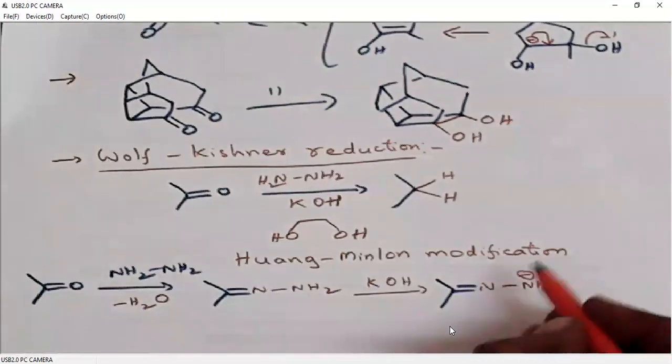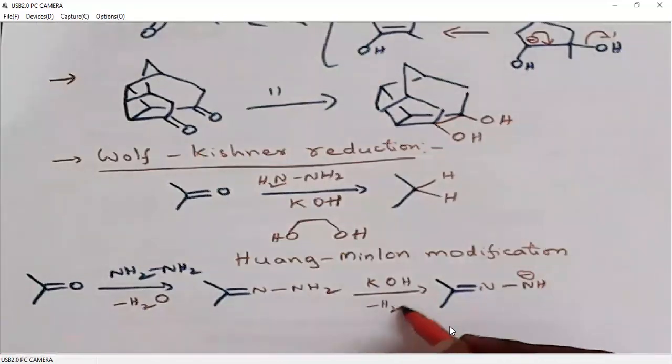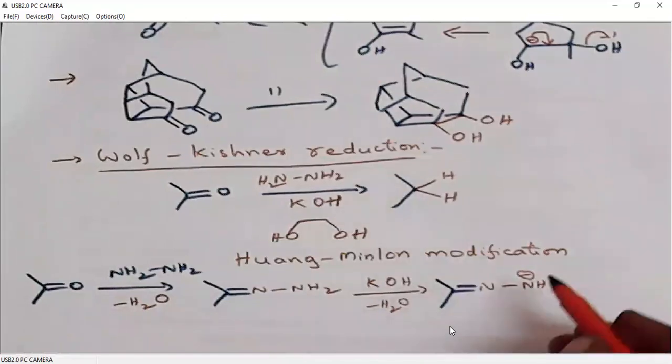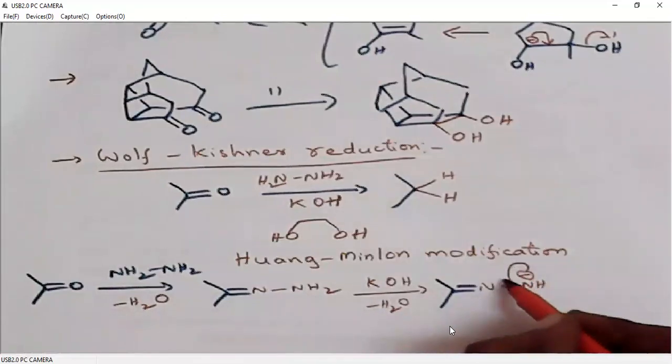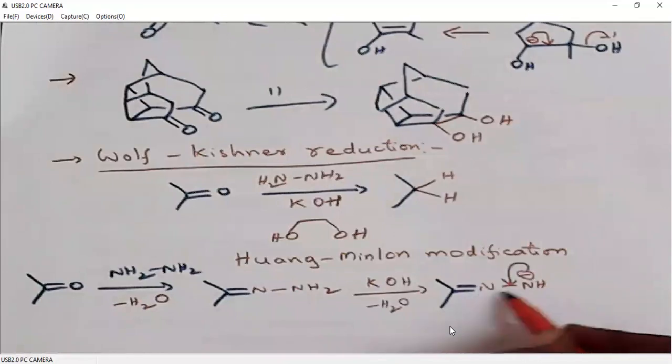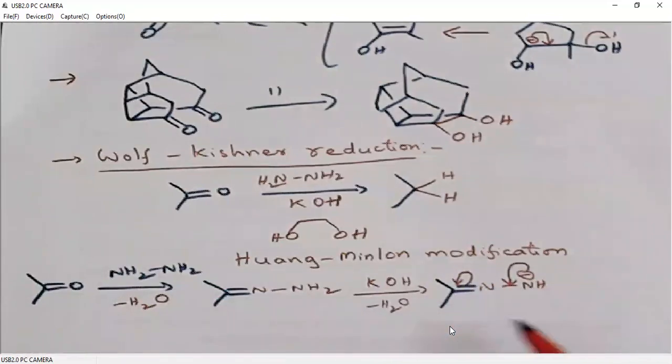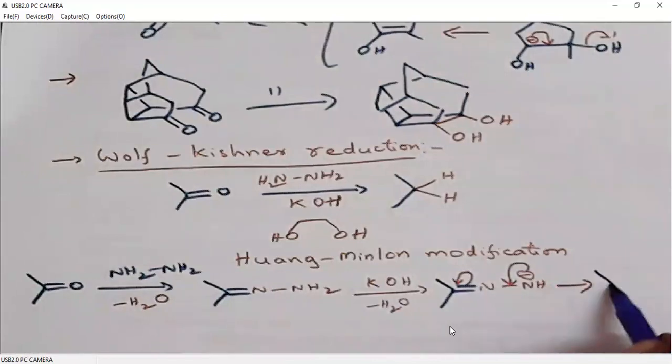Now of course we need to write loss of water. Now this negative charge will be polarized towards nitrogen, so that we will be generating a nitrogen-nitrogen double bond. So this nitrogen-carbon double bond will be broken and will be polarized towards carbon. So what we are getting is a nitrogen-nitrogen double bond and a negative charge here.